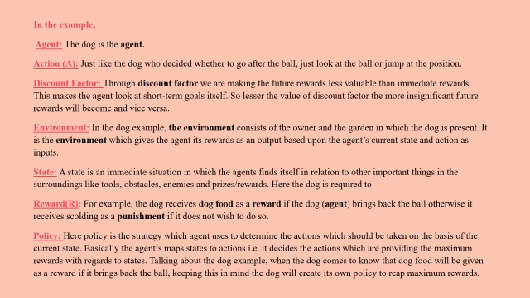Basically, the agent maps states to action, that is, it decides the actions which are providing the maximum rewards with regards to states. Talking about the dog example, when the dog comes to know that dog food will be given as a reward if it brings back the ball, keeping this in mind, the dog will create its policy to reap maximum rewards.